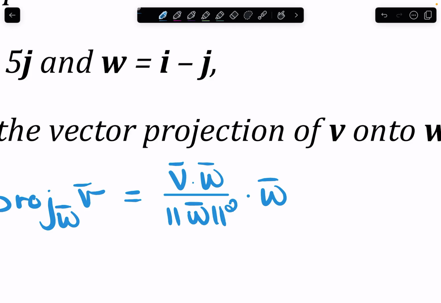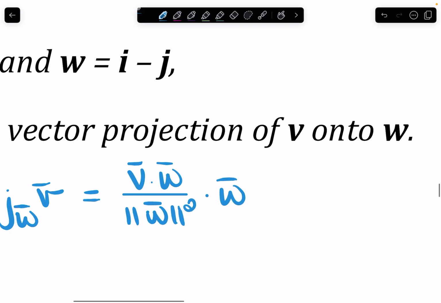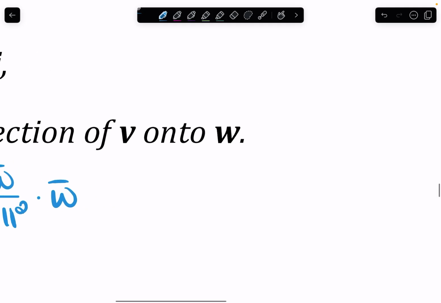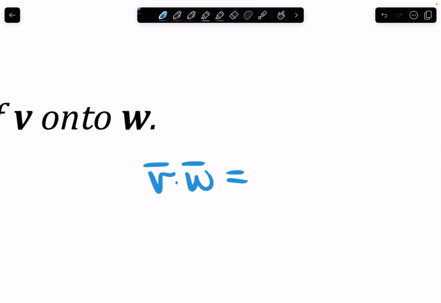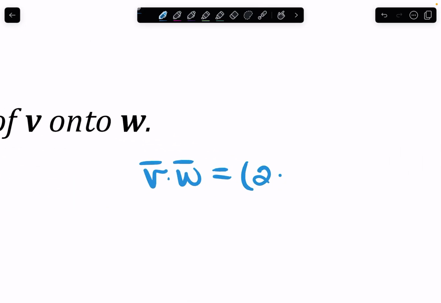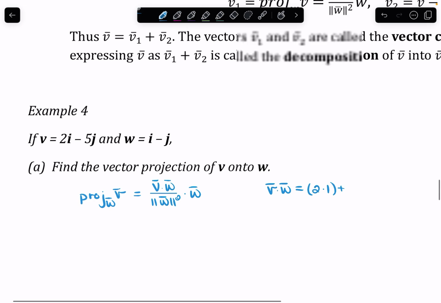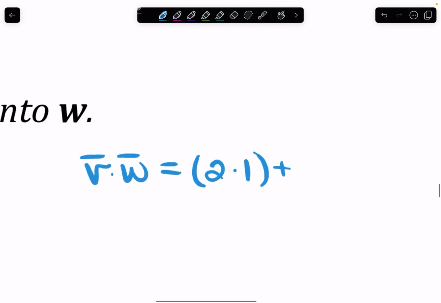So I'm going to go off to the side to find all this, and then I'll get it all plugged back in. So I need the dot product of V and W. So V's i component 2 times 1, plus the j's negative 5 times negative 1.